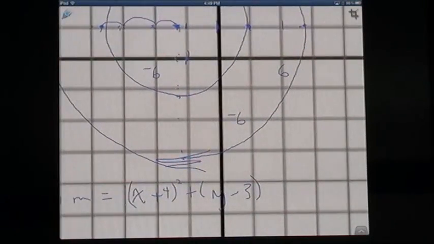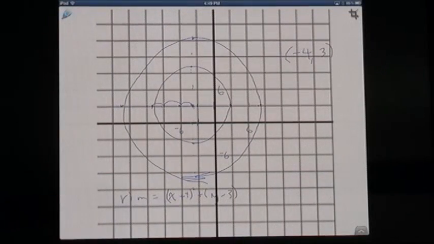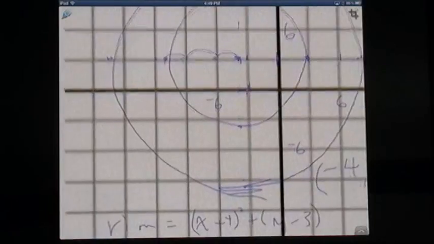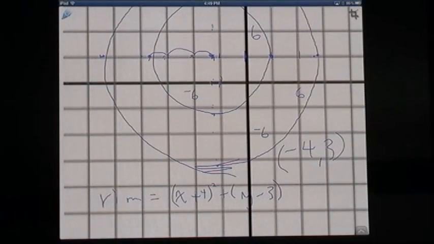We're going to use a negative there because the center is at (-4, 3). So whatever the center coordinates are, they're going to be opposite in your equation. Is equal to, and then just take your radius and square it. Our radius here was 7. So 7 squared is 49. Be careful not to say squared is the same thing as doubling and come up with 14.